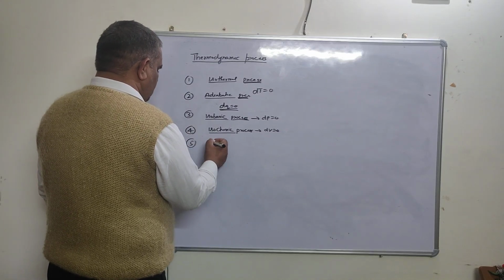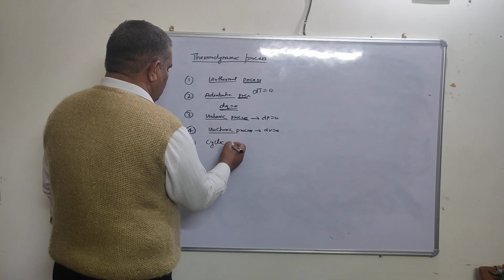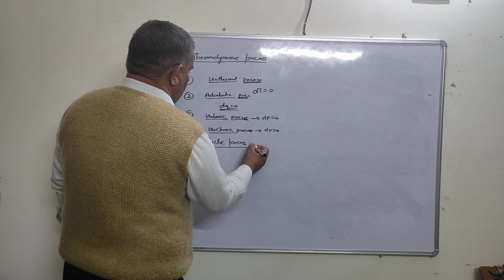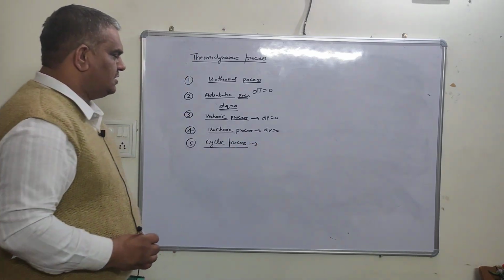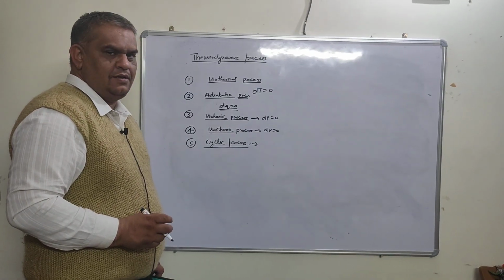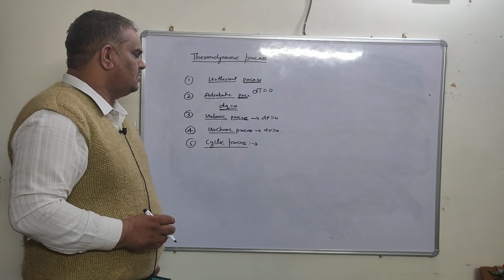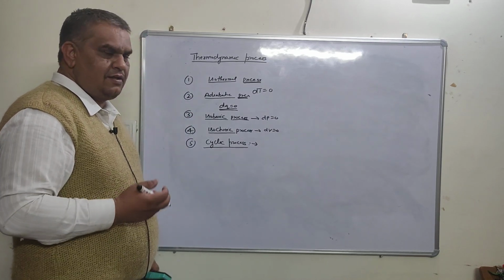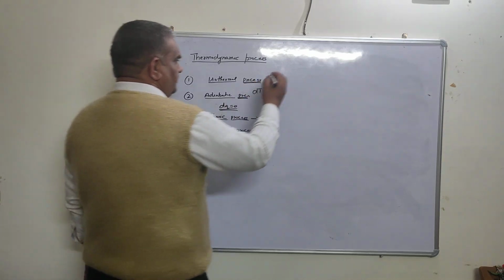Next, the cyclic process: a process in which the system undergoes a series of changes and ultimately returns to its original state is called a cyclic process.